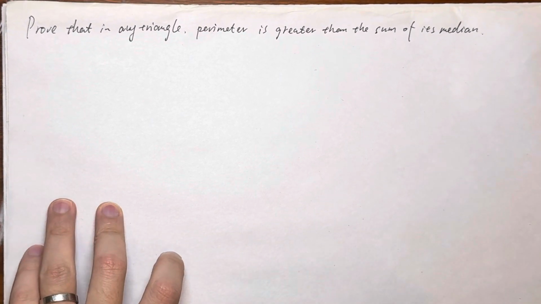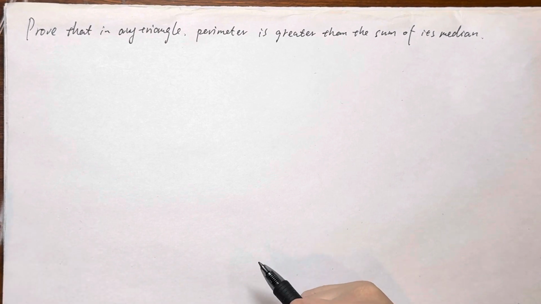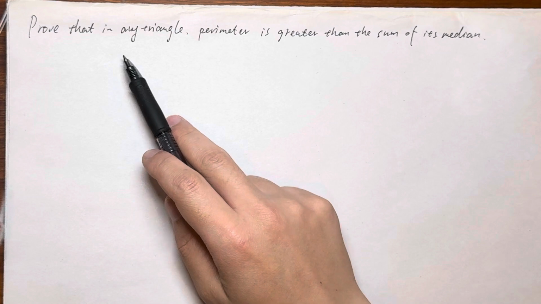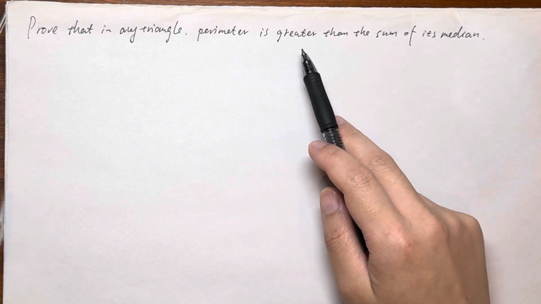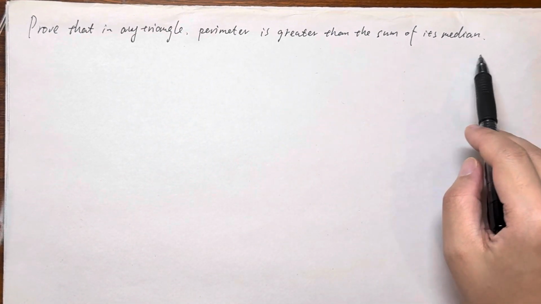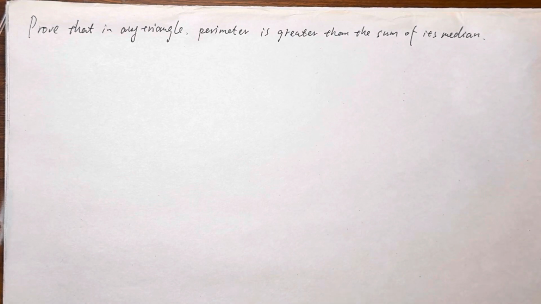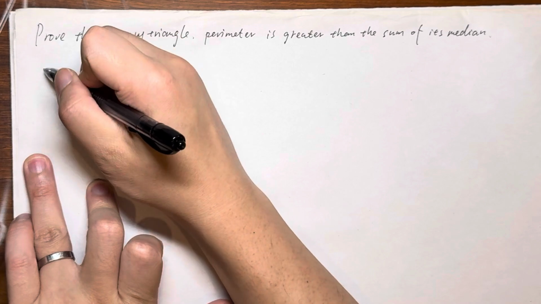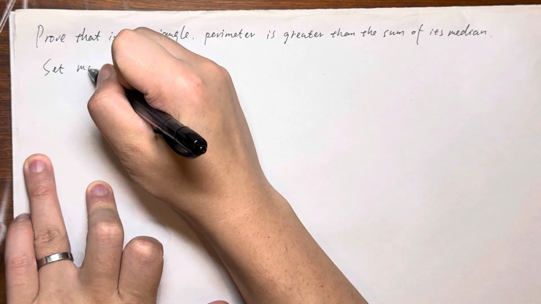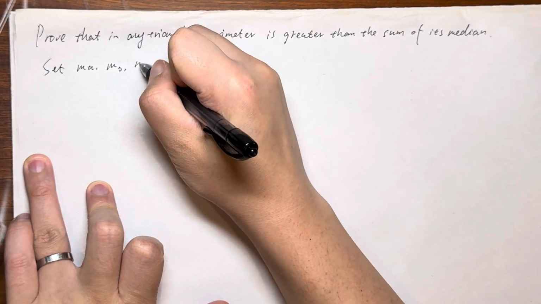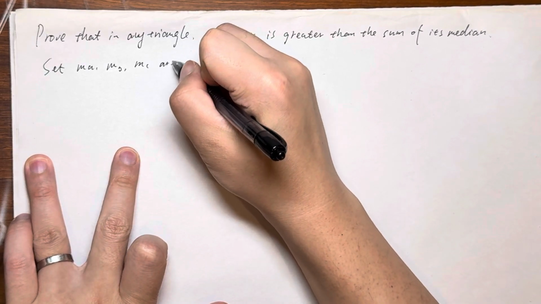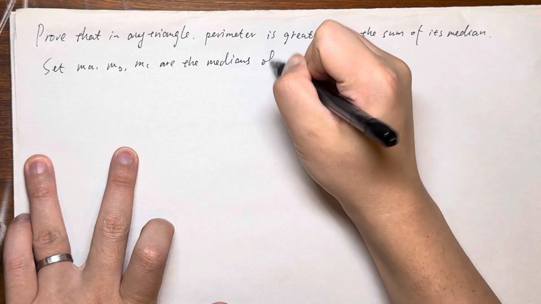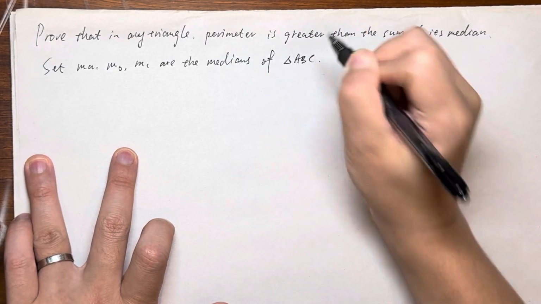Okay, today we are going to talk about one problem. It proves that in any triangle, the perimeter is greater than the sum of its medians. So basically, let's set MA, MB, MC as the medians of triangle ABC, right?